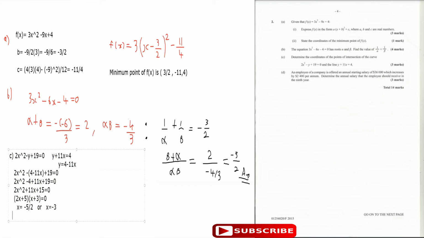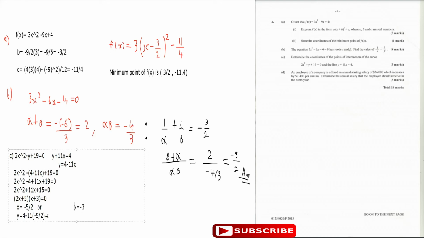We can find y by substituting x as minus 5 over 2 into the equation for y. And so y is 4 minus 11 times negative 5 over 2.